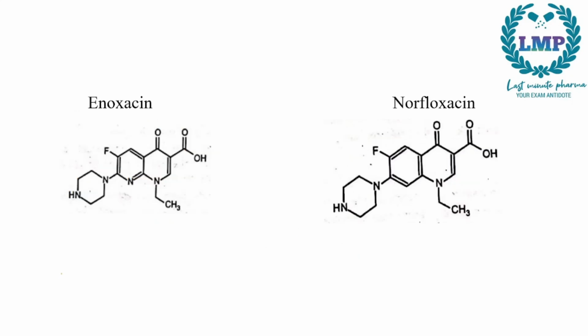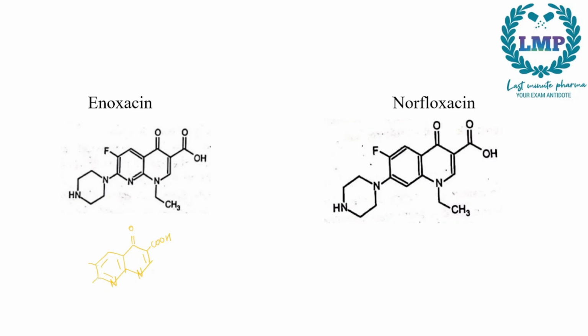Next we have enoxacin. For the structure of enoxacin, we will draw the same basic structure, that is two benzene rings which are fused together, a double bond O and a nitrogen in the ring, and give the double bonds. Next we give the COOH, then we give the nitrogen right here. We have to give one here and one here.